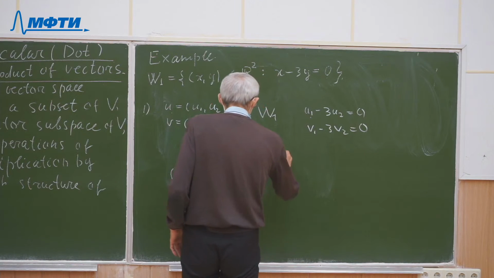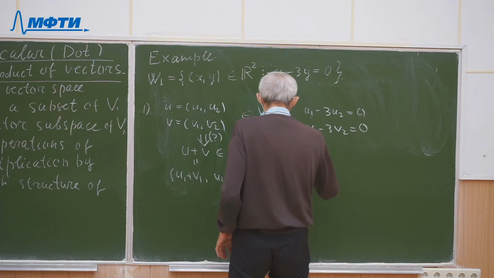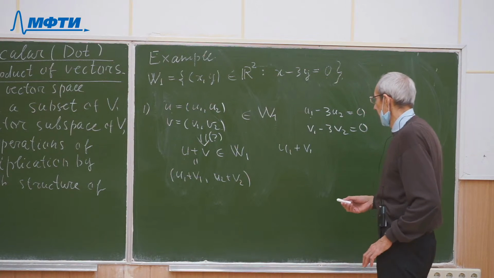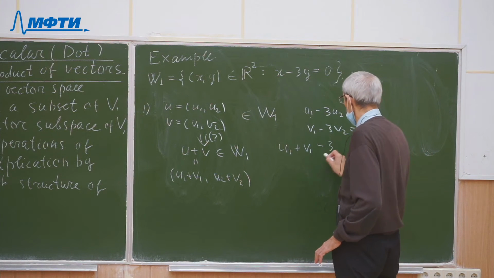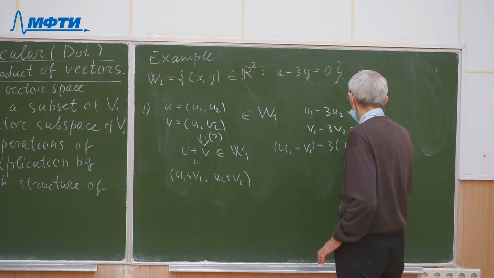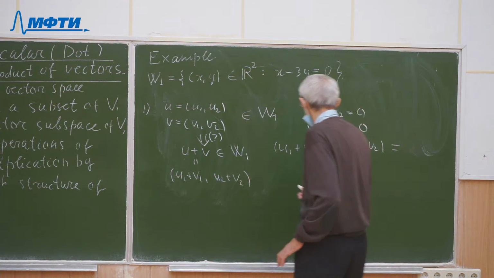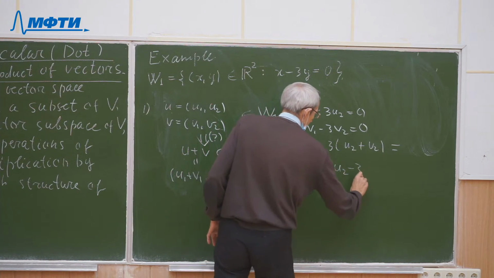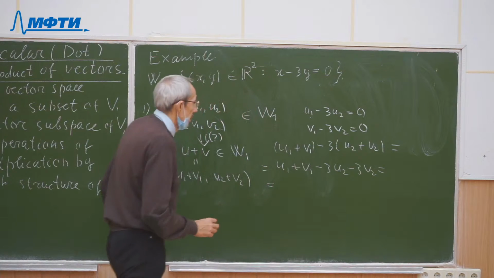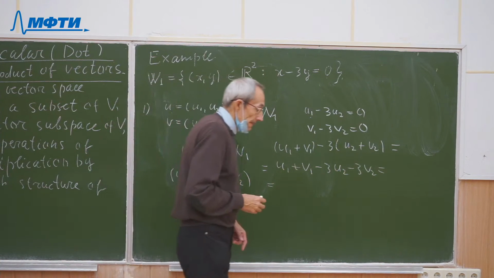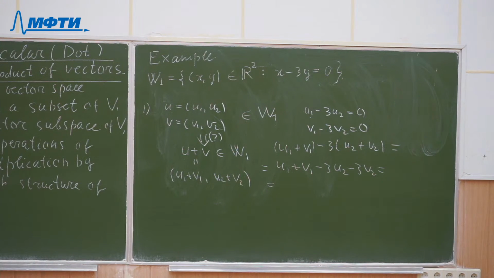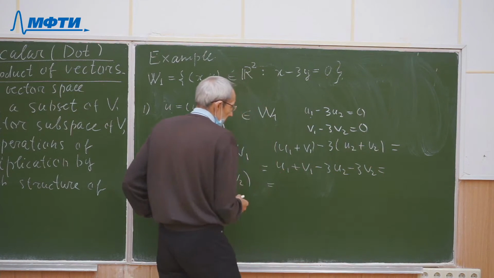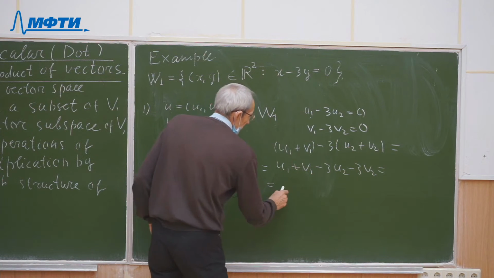It is easy to see that u1 plus v1 minus 3 times (u2 plus v2) is equal to the following, and we can use the axioms of vector space, namely commutativity and associativity, and rewrite this expression in the following form.